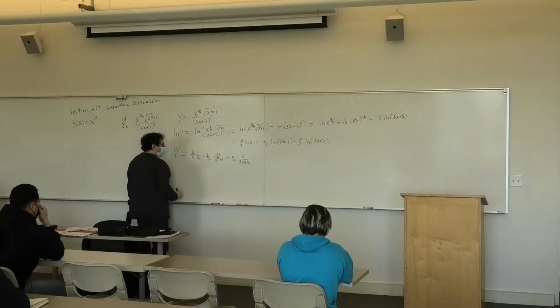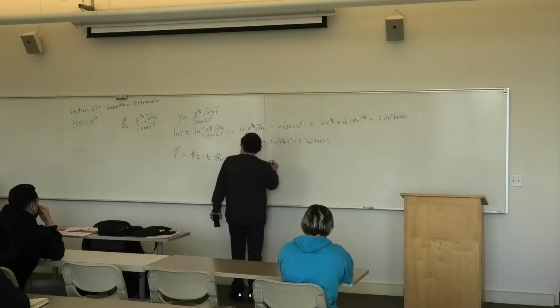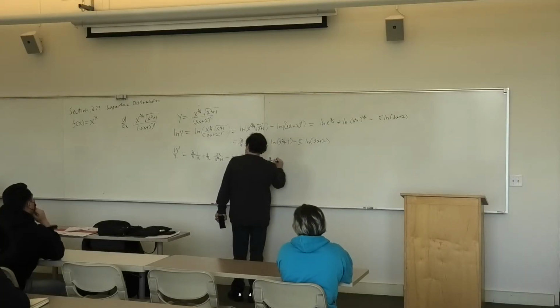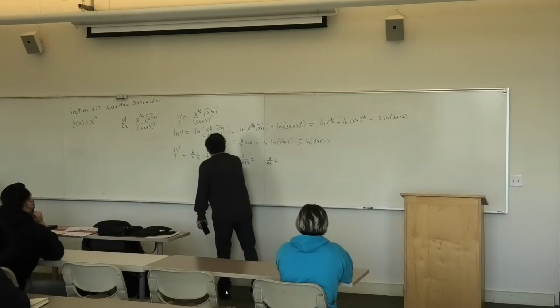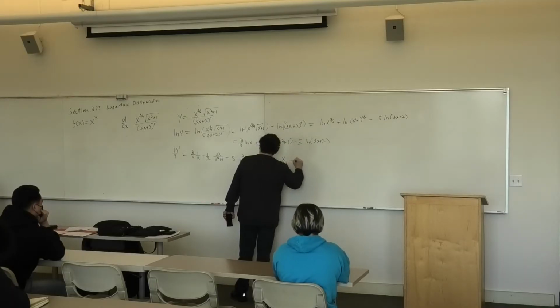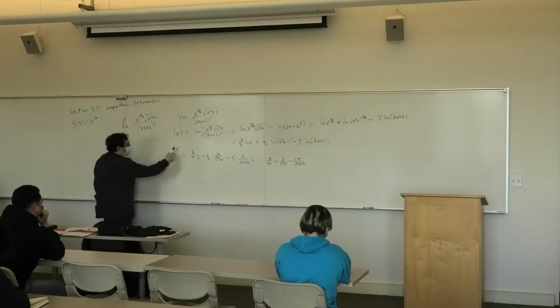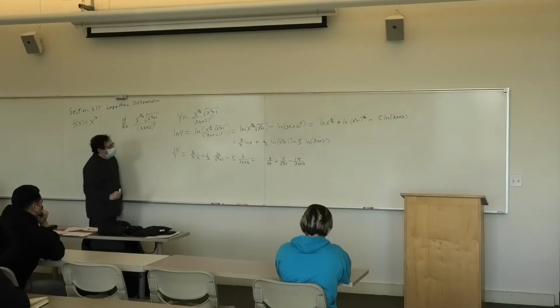Okay, so simplifying a little here: 3 over 4x plus, well, my 2's cancel, x over x squared plus 1, minus 15 over 3x plus 2. The only problem is I don't have the derivative of y here. I've got the derivative of y over y. I can solve that.